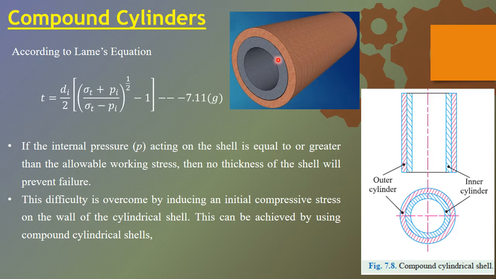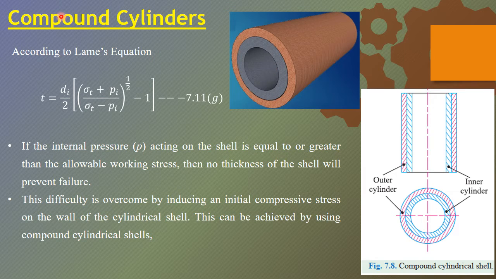Now let's see the inner and outer surfaces of the inner cylinder. This particular surface is the outer surface or outer diameter of the inner cylinder, whereas this surface is the inner surface or inner diameter of the inner cylinder.